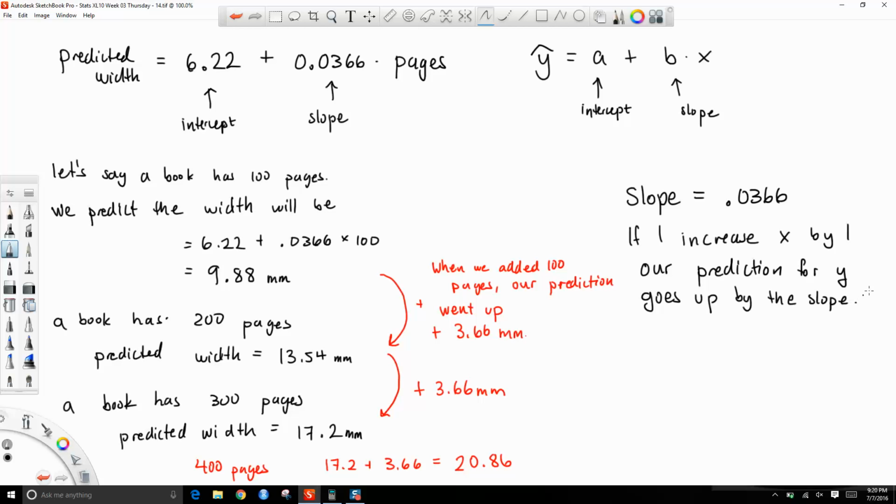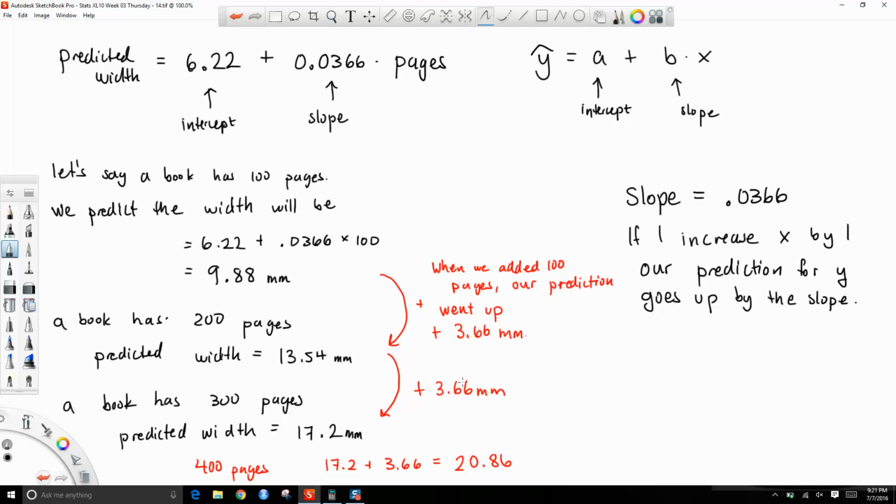All right? And so if we increase x by 100, our prediction for the width goes up by 100 times the slope. And that's what we're seeing. If I add 100 pages to a book, our prediction for the width goes up 3.66 millimeters.